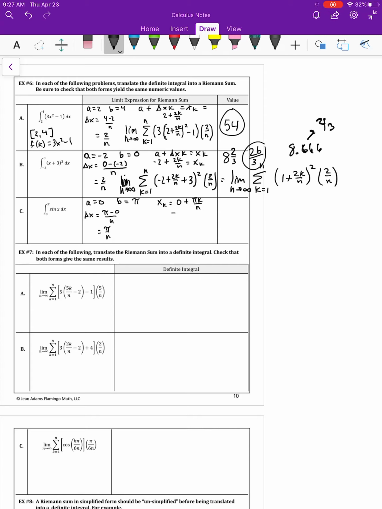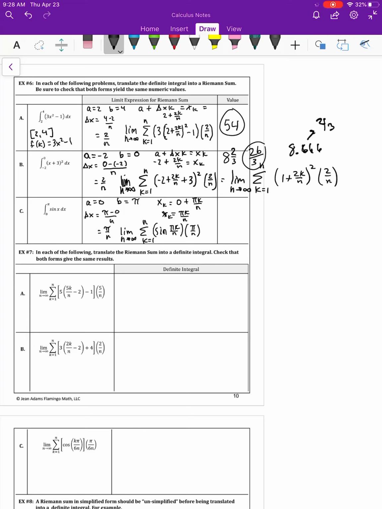All right, so now a is 0, b is pi, delta x is pi minus 0 over n, so it's pi over n. Your x sub k is a plus delta x times k, so this is just going to be pi k over n.